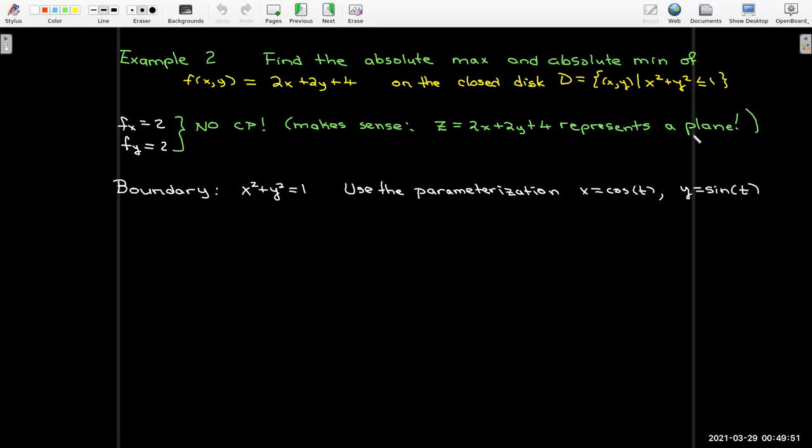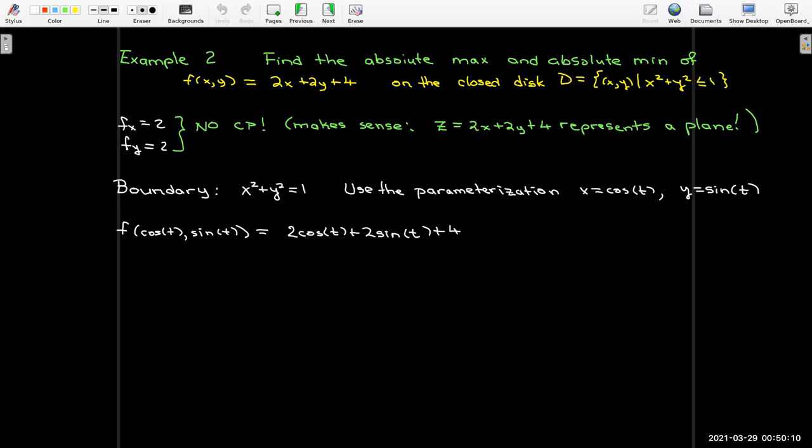And when we were studying curves, we learned the parameterization for the unit circle. A simple one is to just use x equals cosine of t and y equals sine of t. That's because cosine squared t plus sine squared t equals 1, and we want x squared plus y squared to equal 1.